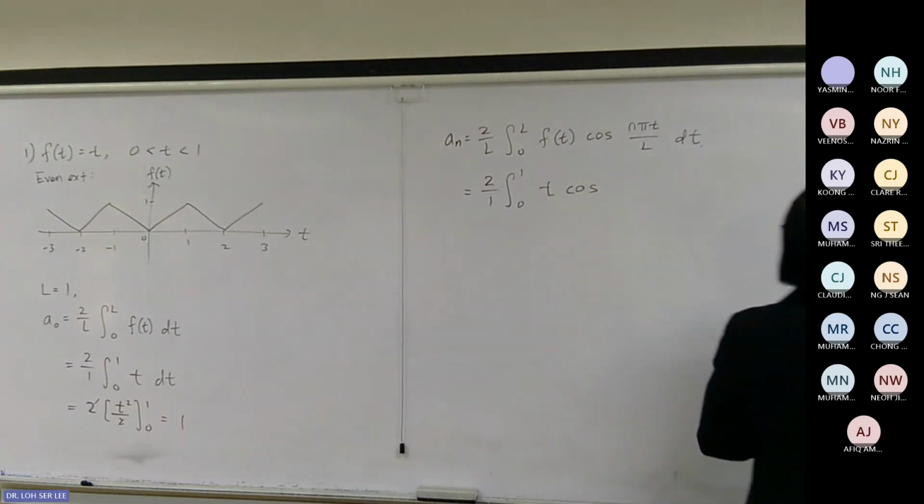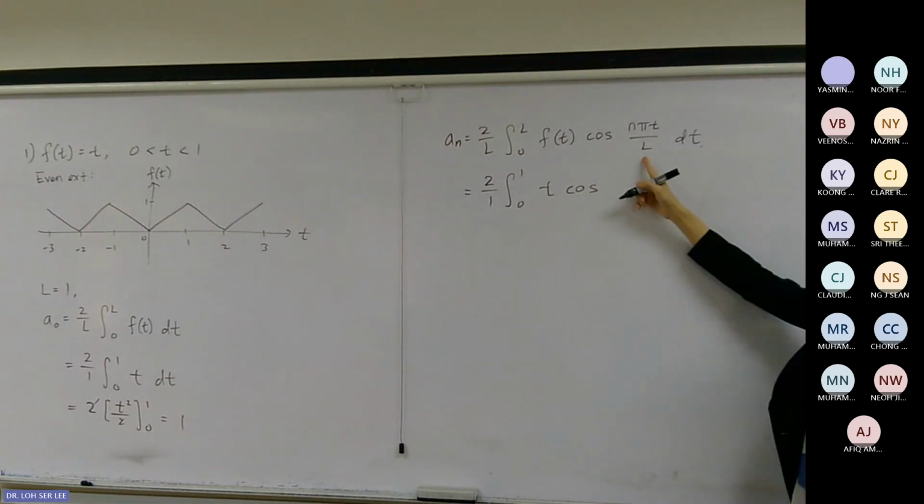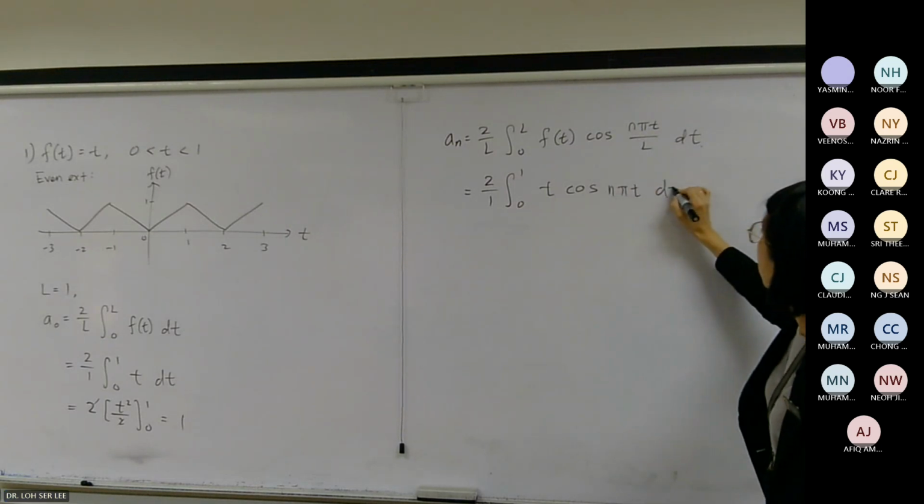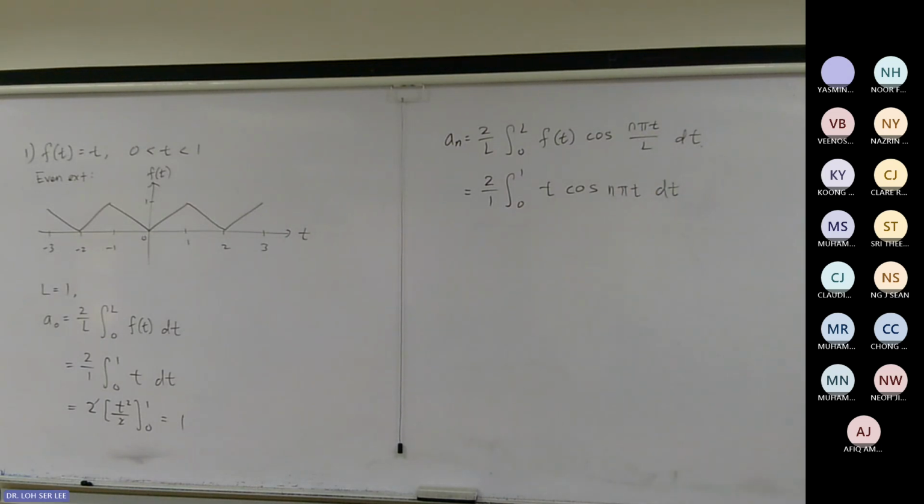For this one, when L is 1, you have t cos n pi t. You have to integrate using the tabular method.